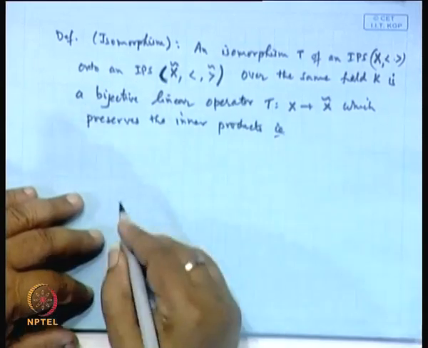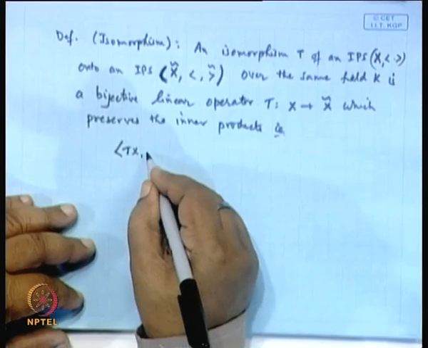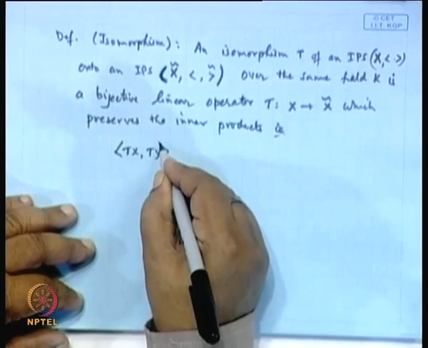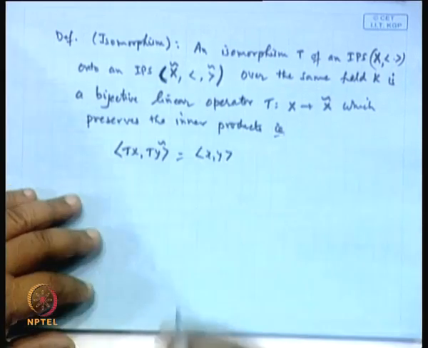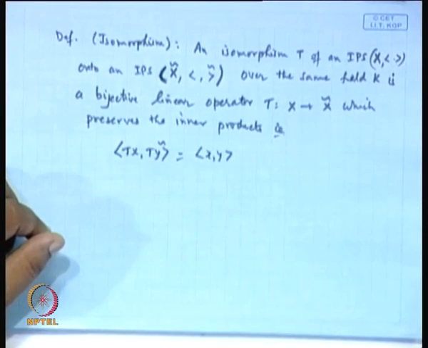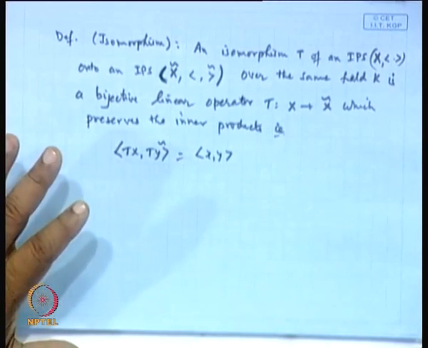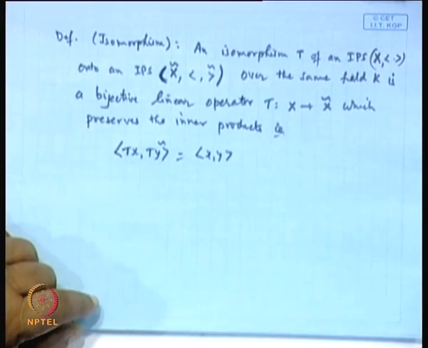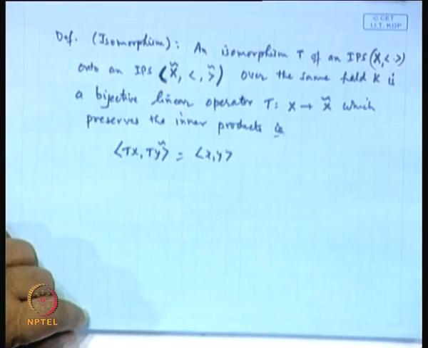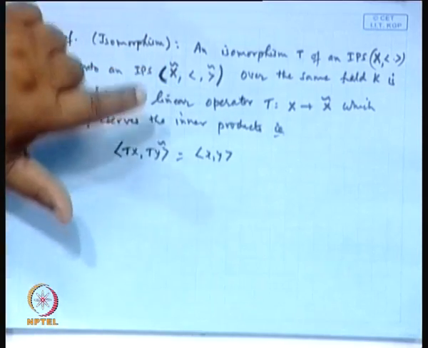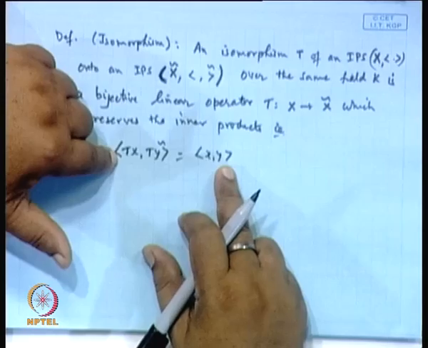That is, the meaning is the inner product of Tx and Ty under this inner product will be the same as the inner product of x and y. Then we say it is an isomorphism operator. So, one is that T must be 1-1, T must be onto, and it preserves the inner product.